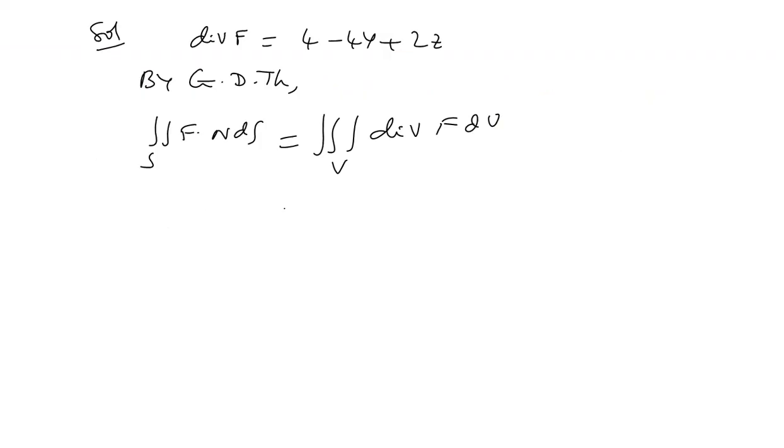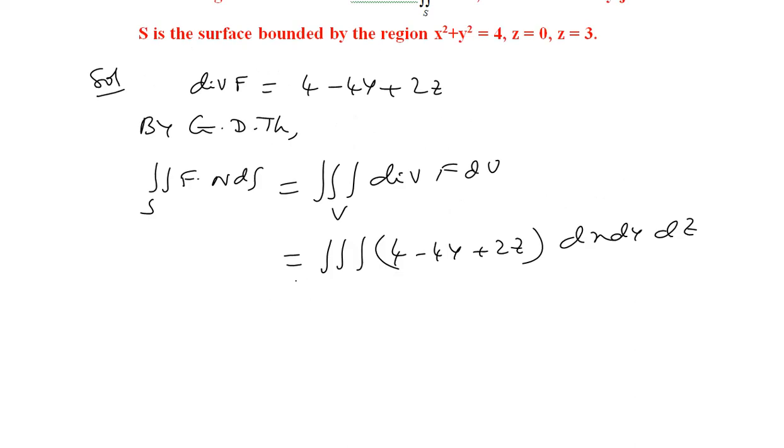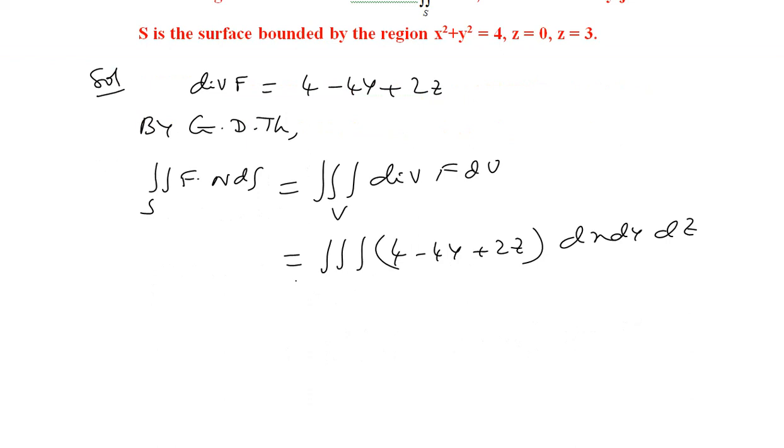Now this is the triple integral of divergence of f, which is 4 minus 4y plus 2z, dx dy dz, and the same procedure as our previous problem. The z limit is 0 to 3.